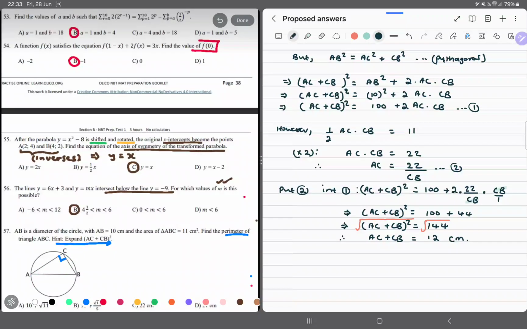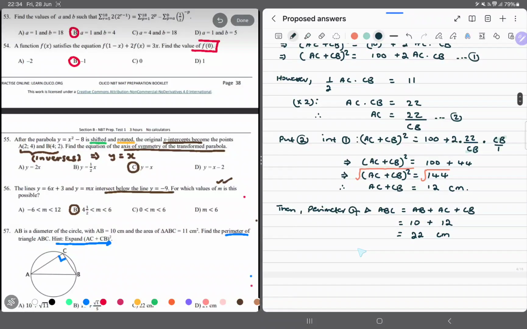So we already have that sum, so we can say then the perimeter of triangle ABC is going to be AB plus AC plus CB. Now we've got 10 here, plus these 2 gave us 12. So this is 22 centimeters.